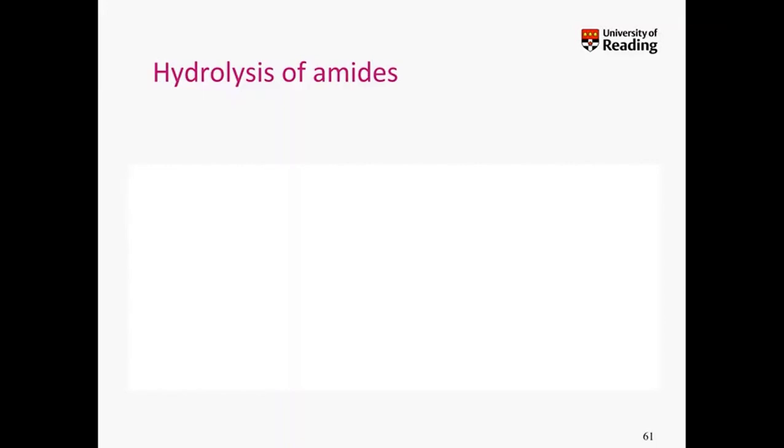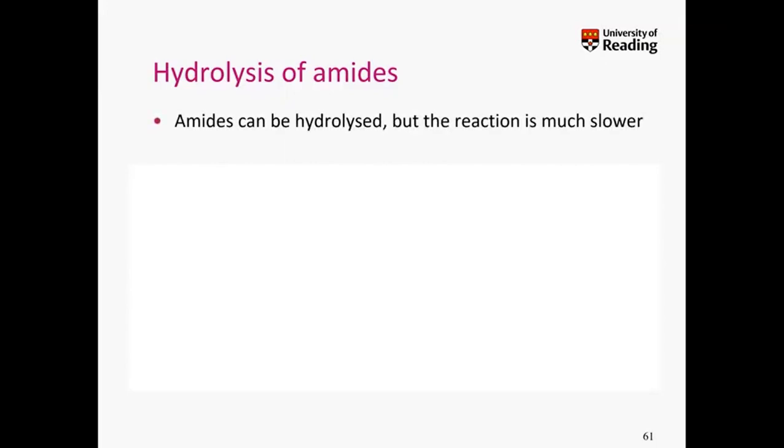We're going to look at the reaction mechanism in a minute, but it's just worth noting at this point that amides can be hydrolyzed, but the reaction is actually a little bit slower. And there's a couple of reasons for that. The first one, and we'll cover this in far more detail towards the end of the lecture, is that the lone pair of electrons on the nitrogen are able to delocalize across to the oxygen.